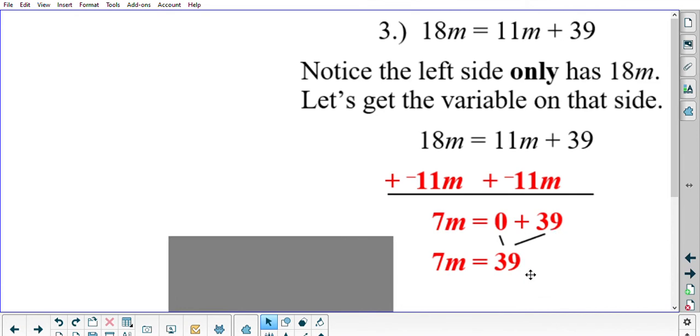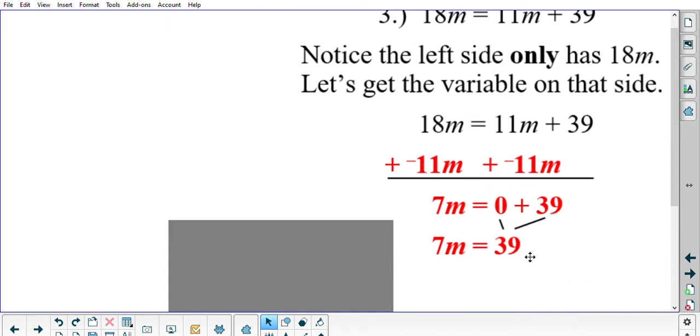Now, the reason I suggested to get the variable on the side that was shorter is because, look, if I wanted to solve this, there's only now one thing happening to the m, being multiplied by 7. Now, I know the directions didn't say to solve these problems on this last page the whole way. But if we were going to solve the whole way, this only has one inverse operation that we would need to do on both sides, dividing by 7, to finish solving the problem.